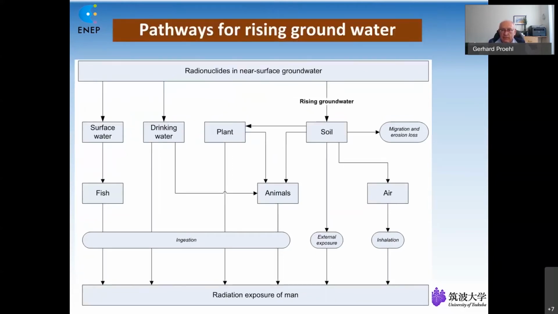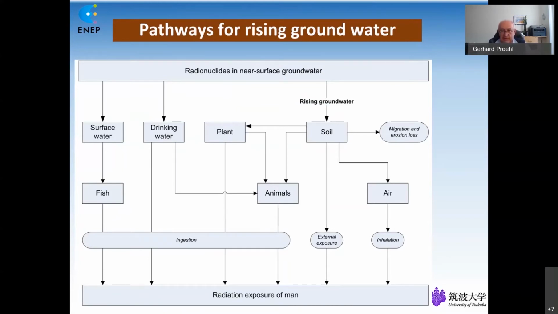And we have something similar for the rising groundwater. Most of these pathways are similar. The biggest difference is the rising groundwater contaminates directly the soil, and from soil it goes to plants, and from plants to animals, and more or less we have similar exposure pathways.